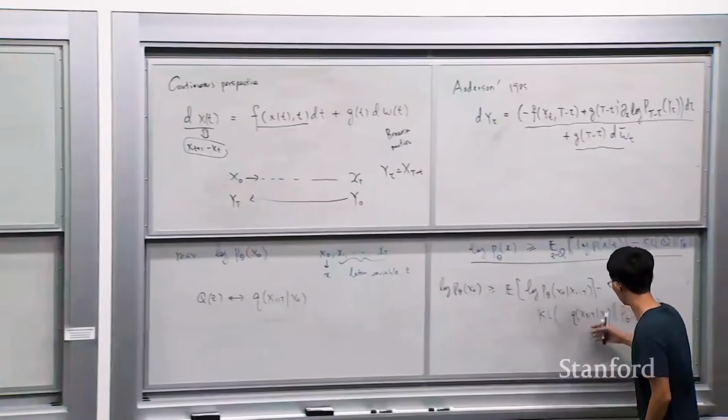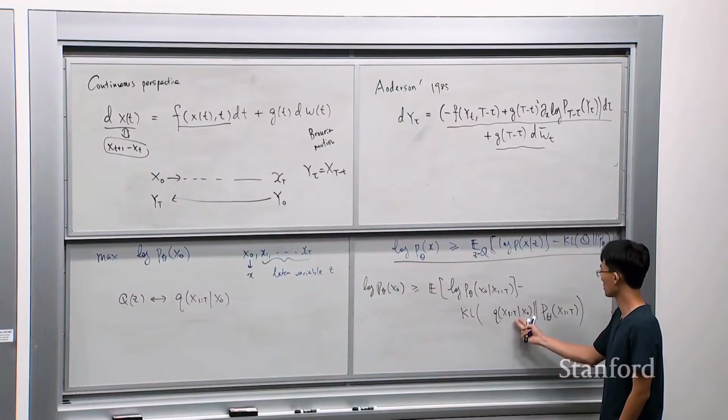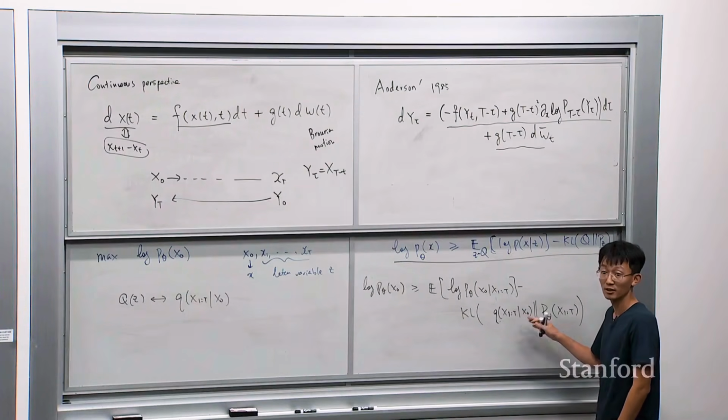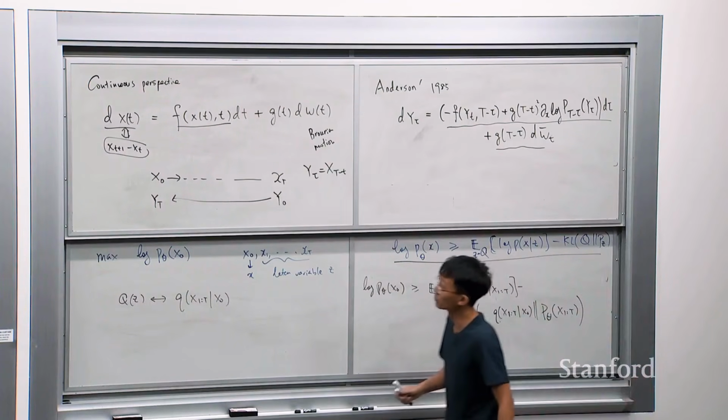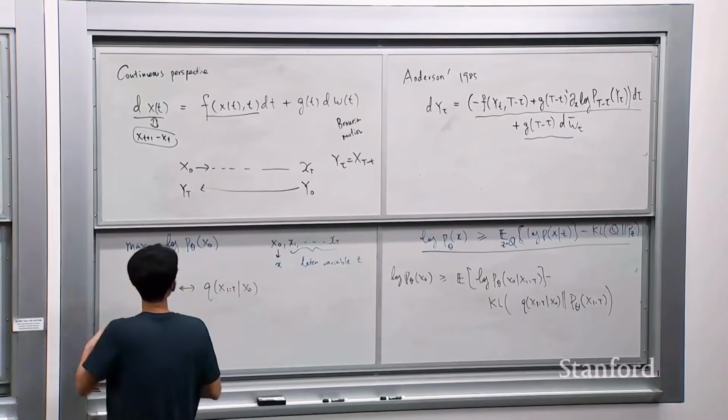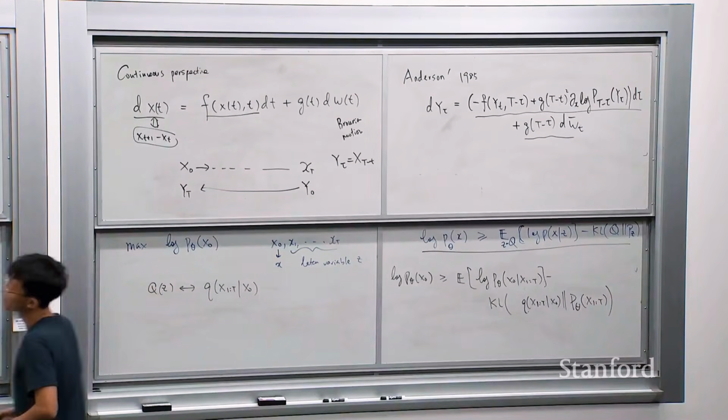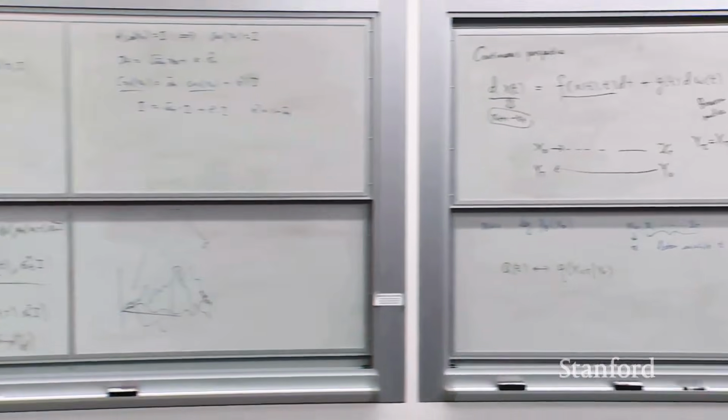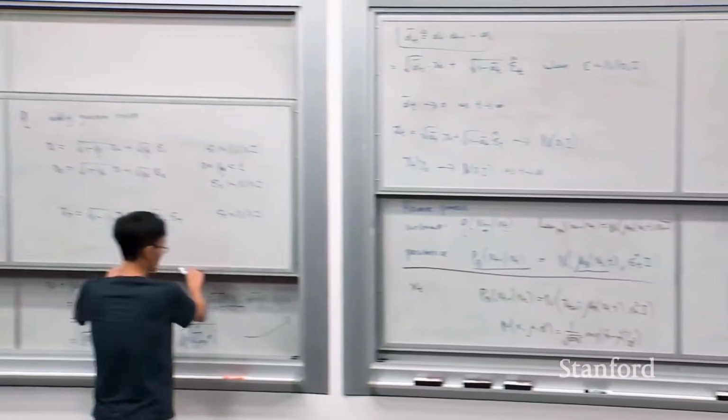The next step is that these are both distributions over the trajectory from 1 to t, and you can use the so-called chain rule for KL to decompose. Let me see where I should write it.